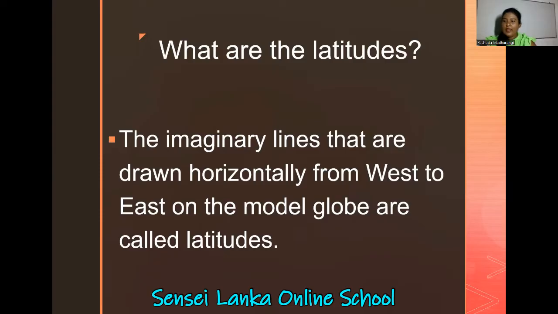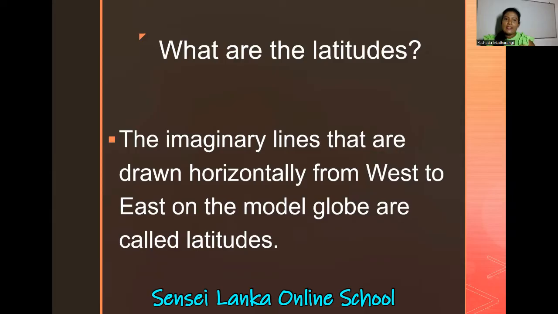So today we are learning the latitudes. Can you remember this green color ball? In my earlier lesson, I got this for you because this is our model globe. I selected this as an option for you.